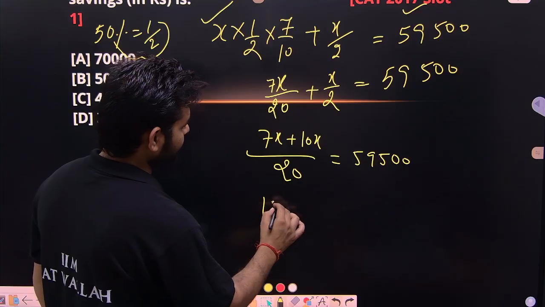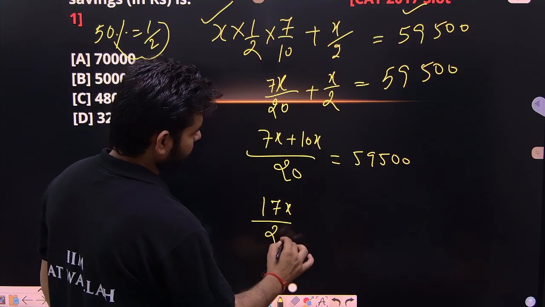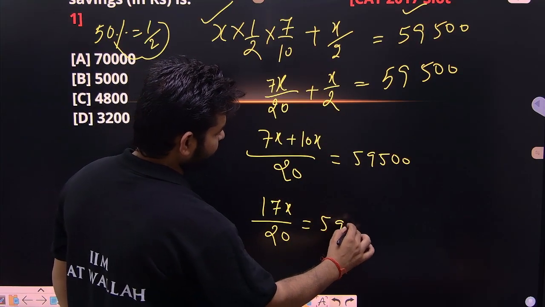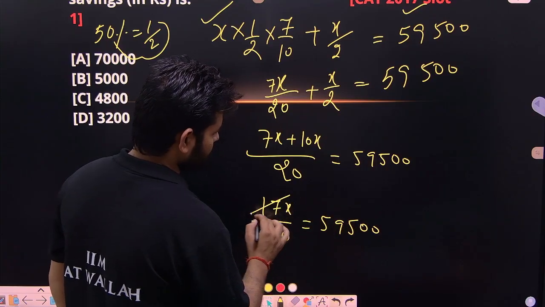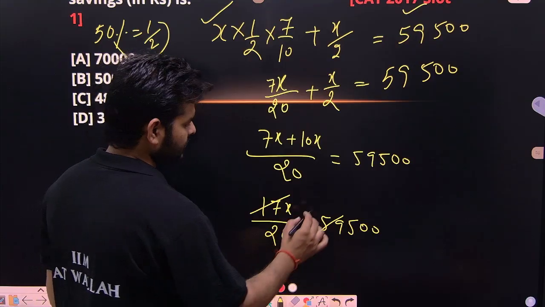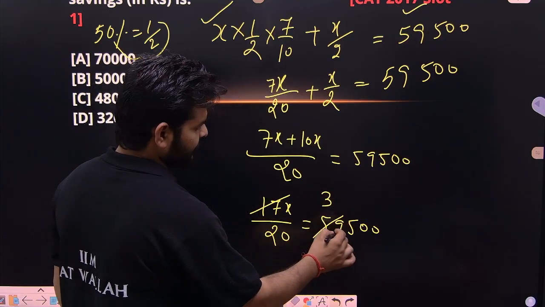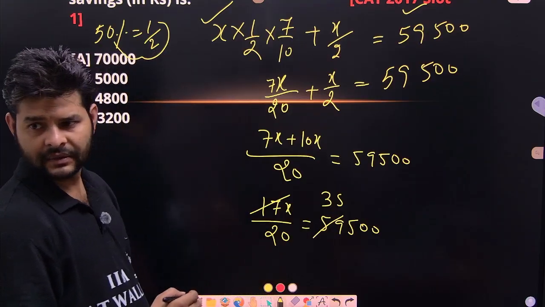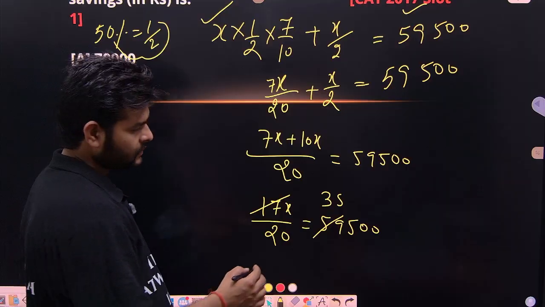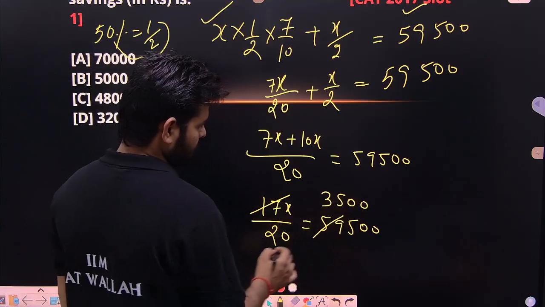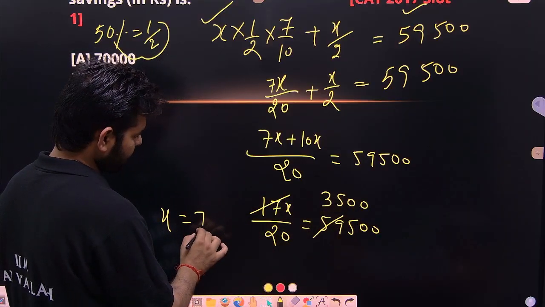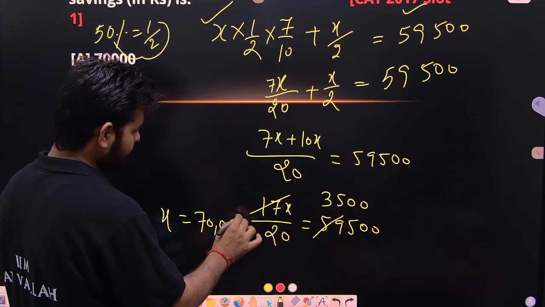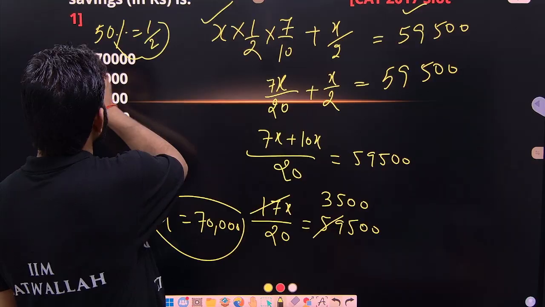So 17X upon 20 is equal to 59,500. 5 3s are 15, 5 8s are 40, so the value would be X equals 70,000. That means his monthly saving was 70,000.